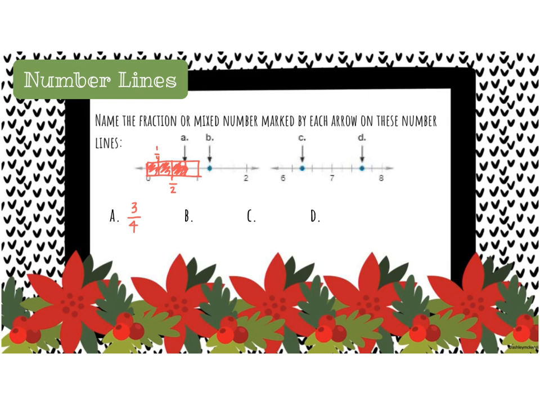Okay, let's look at B. Let me erase this part so we can see better. All right, before we write our answer, I want you to think first. Is B going to be a fraction, which is less than 1, or is it going to be a mixed number? It's going to be mixed. Why? Because it's more than 1. Good. Okay, so y'all show me what you think it is.